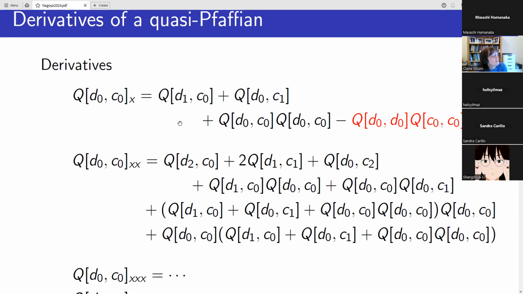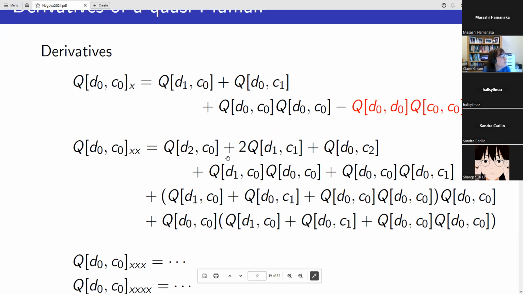So when I differentiate again, I get more and more terms. Differentiating with respect to X twice, I get something that's got quite a few terms in it, and they're all different.